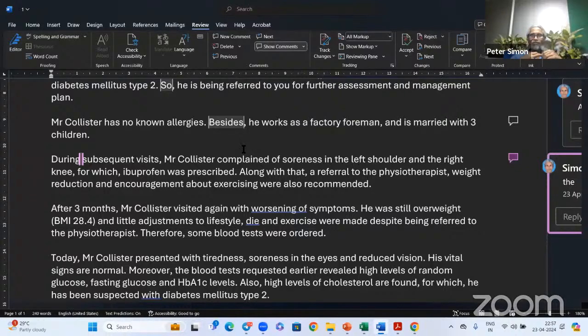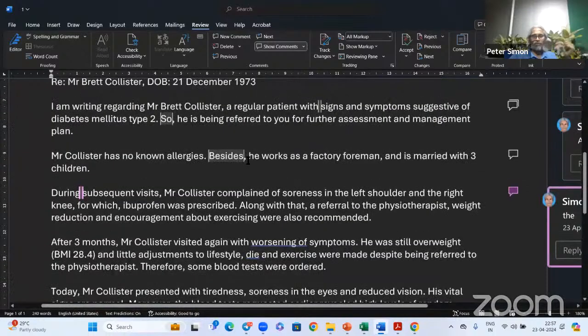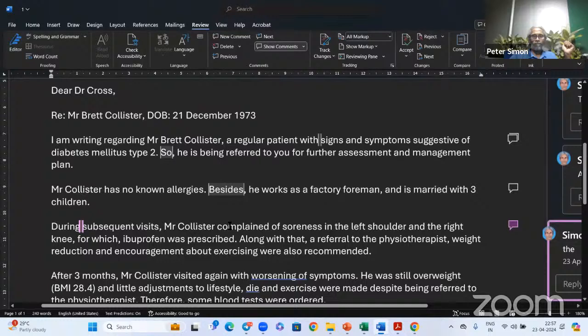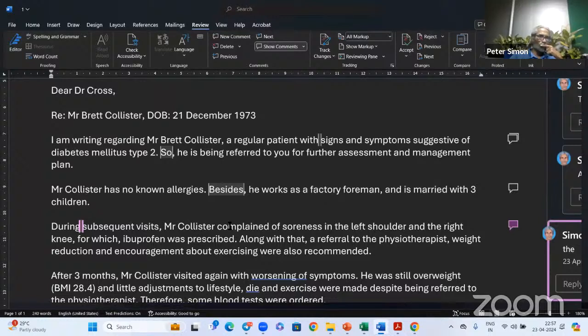There is no question of subsequent visit here. Where is the former visit to say subsequent visit? You can say during the visits. You write first visit, then you can write subsequent visits. But how are you going to use the during the visits? That's enough.